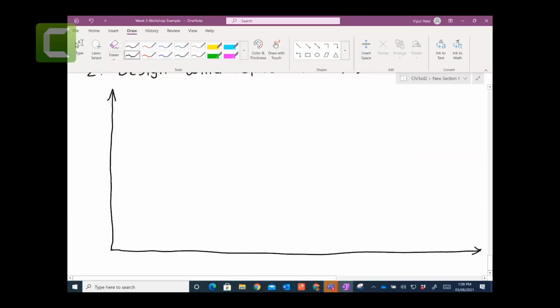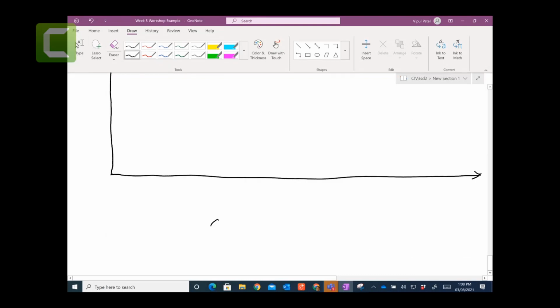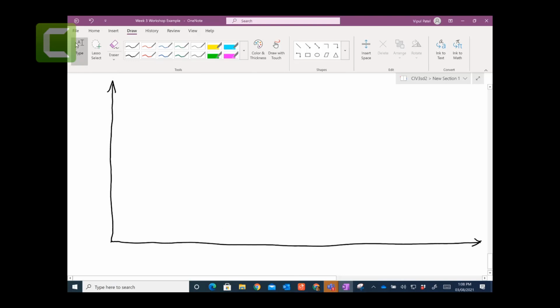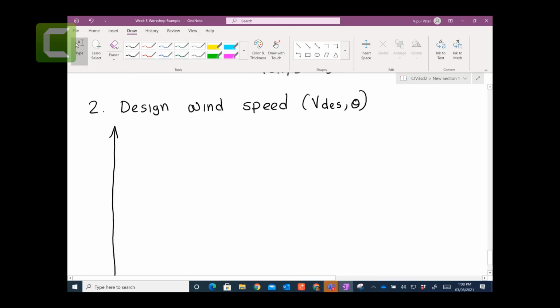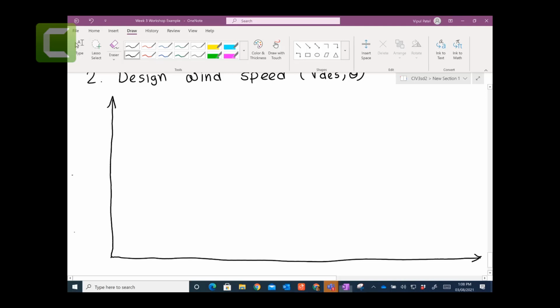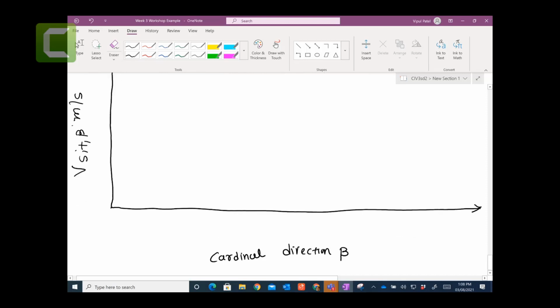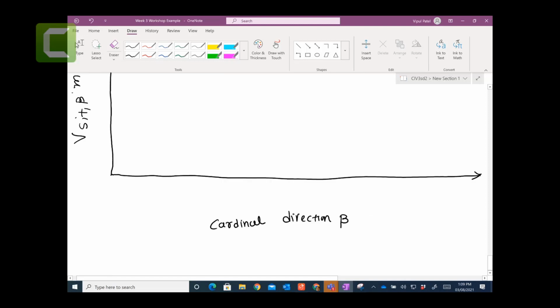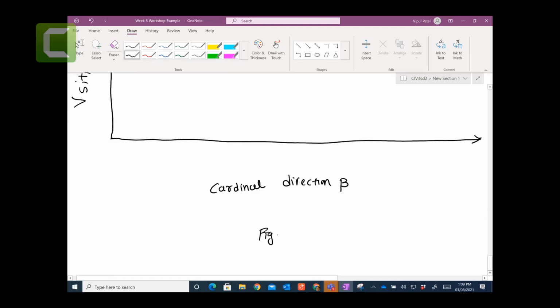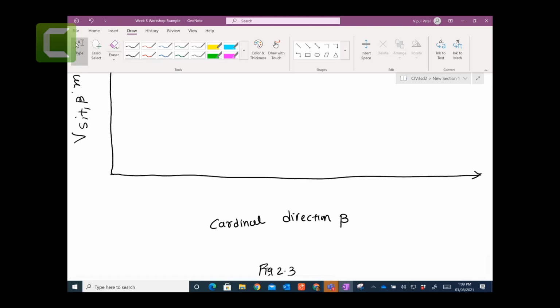So here I will put cardinal direction beta, and here I am going to put V side beta, meters per second, side wind speed. That is given in the figure, let me write that figure as well, figure 2.3 in the standard.